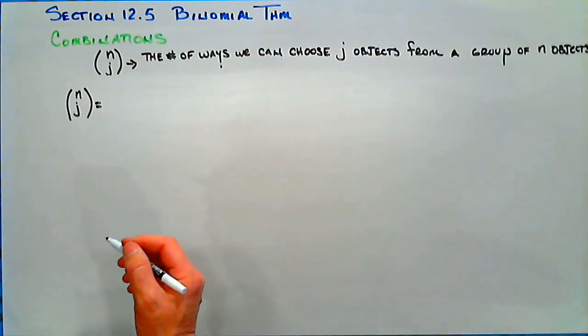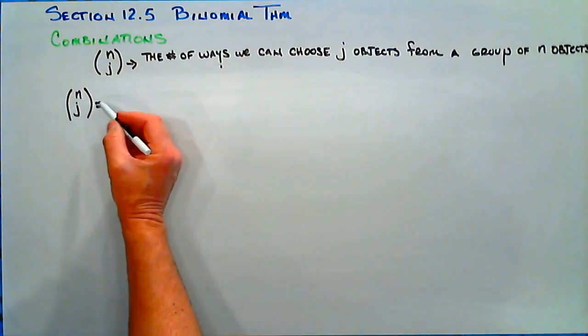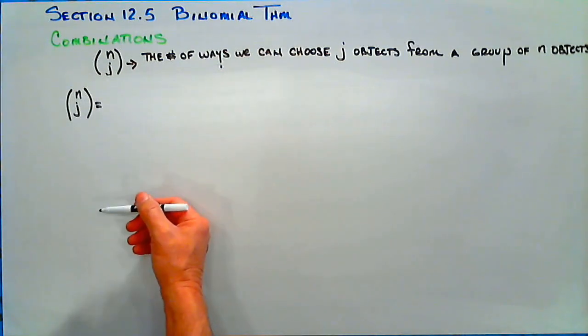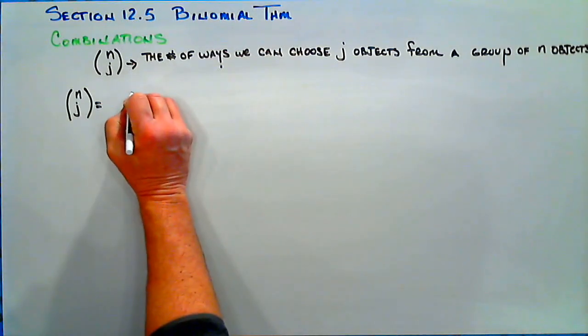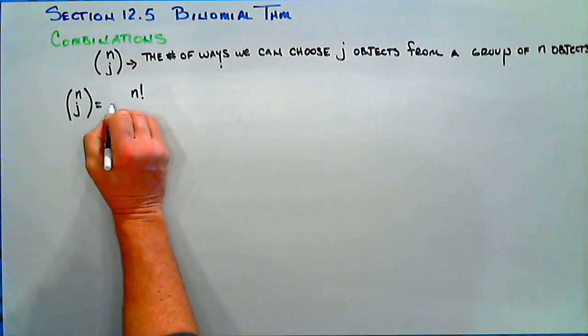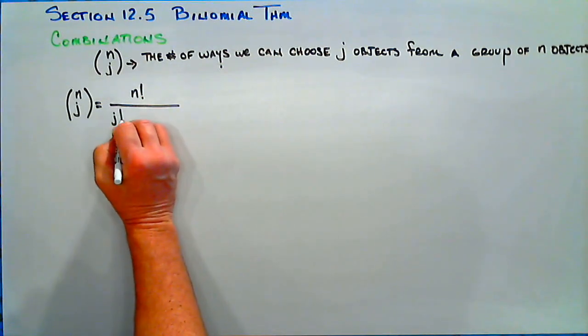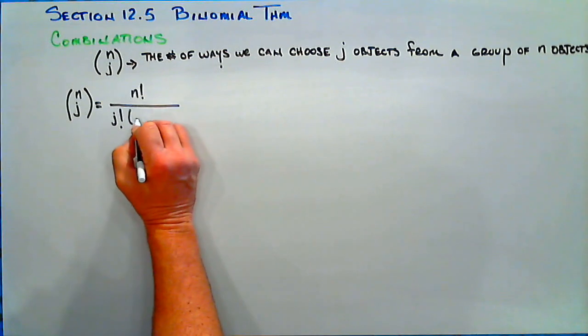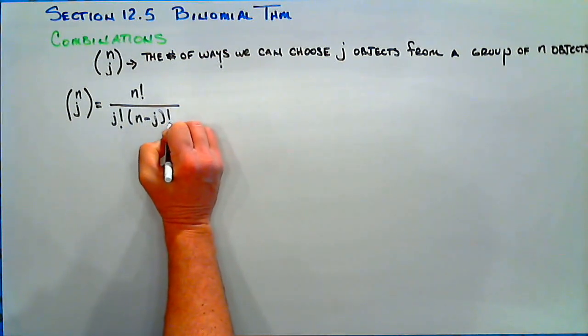And that definition involves our good friend, the factorial. The answer to this, we can do it by putting balls in a bag, but that is going to take a lot of time. The answer to this is n factorial divided by j factorial times n minus j factorial.